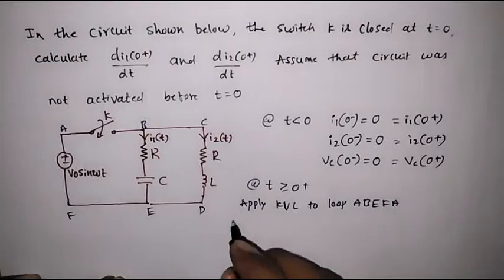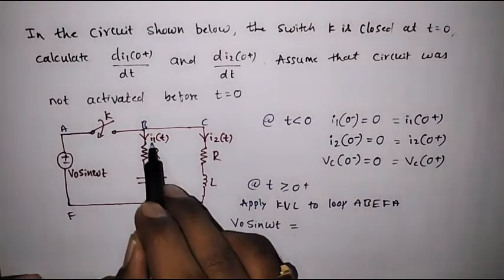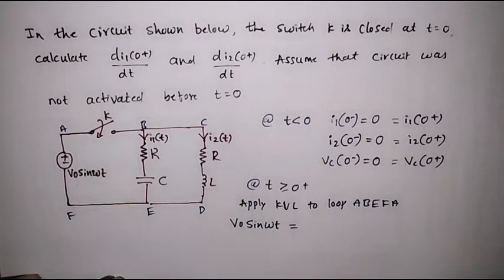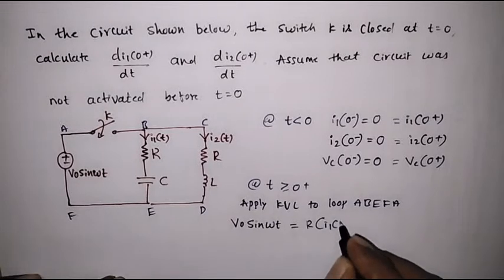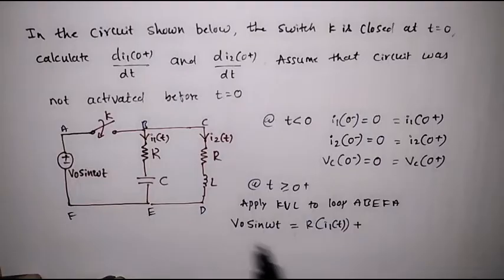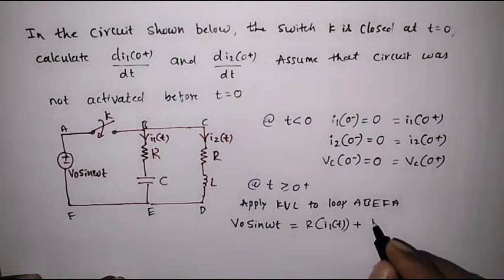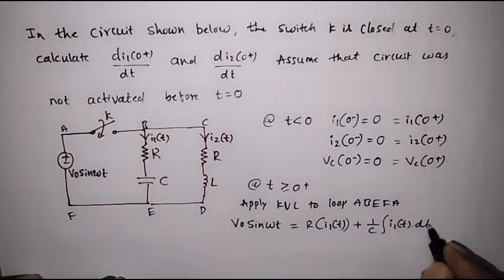So I can write the equation as V0 sin omega t is equal to the voltage drop across R, that is R I1(t), plus the voltage drop across the capacitor, which is 1 over C integration of I1(t) dt.